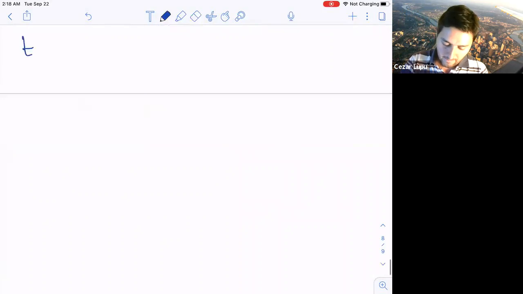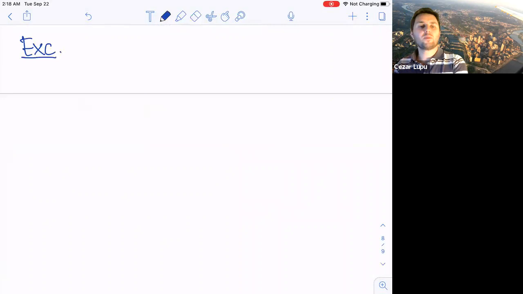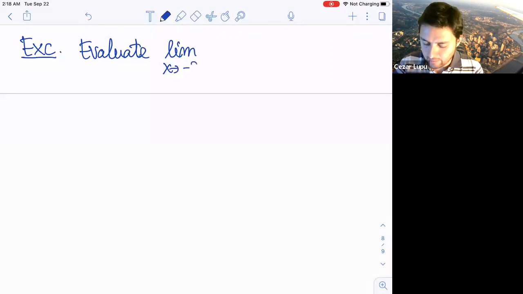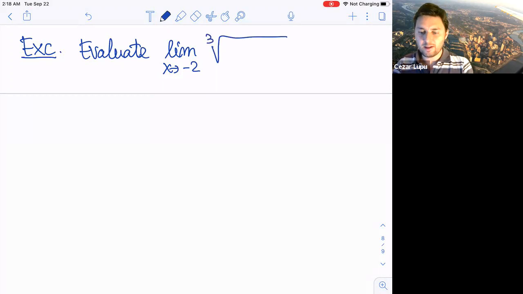So let's see an exercise more likely. Now let's evaluate some functions. For example, evaluate the limit as x approaches -2 of the cube root of, let's put here a quadratic function, x squared minus 3x minus 2. All right, so let's try to evaluate it.